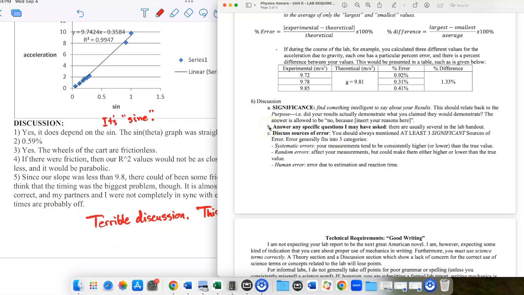Similar to the theory section, the discussion section will almost always have specific questions that I want you to address, usually about your results. So make sure you answer those. And then you're always going to discuss at least 3 significant sources of error. Always at least 3. And the 3 varieties of those are mentioned here.